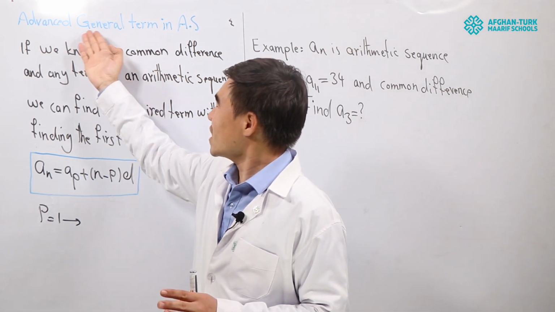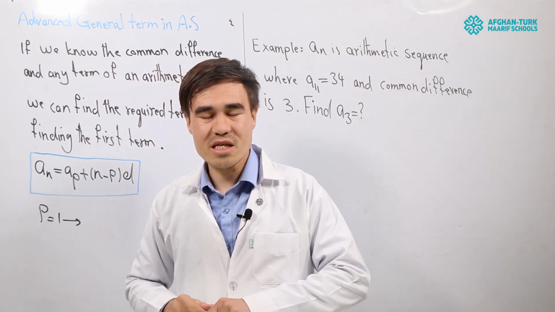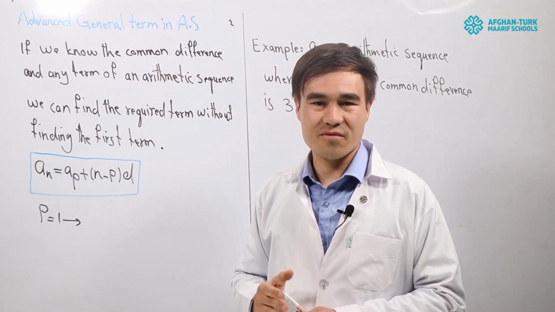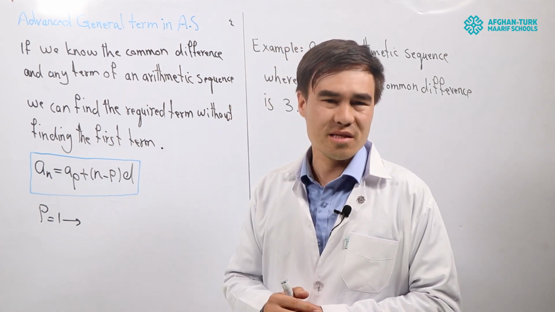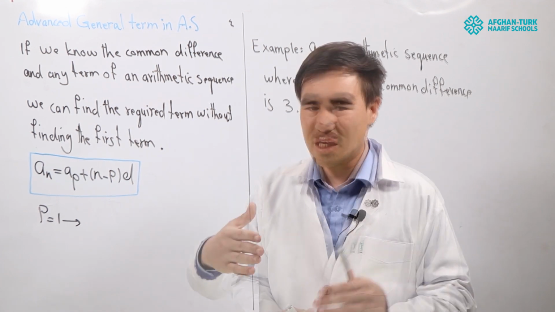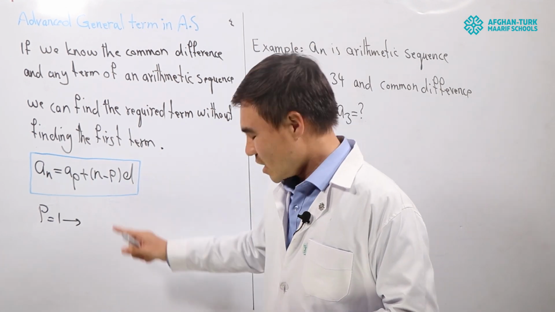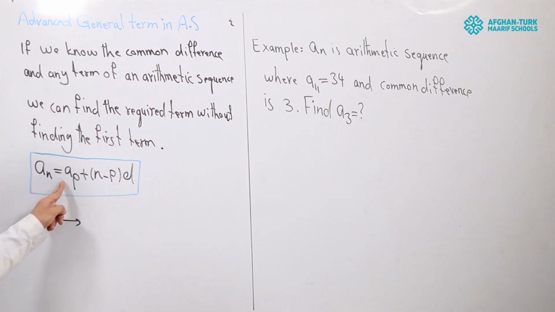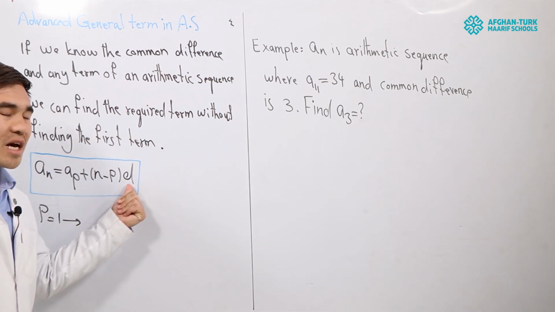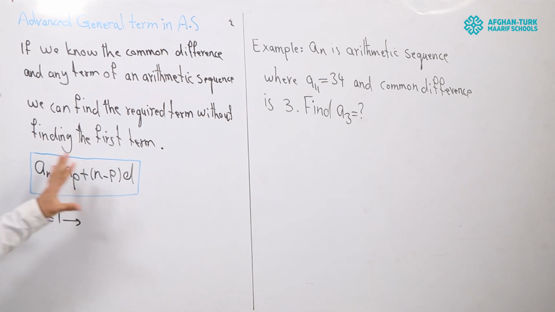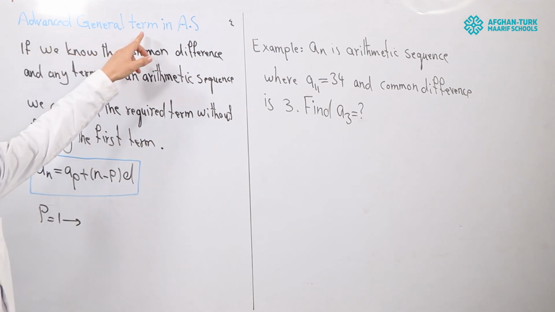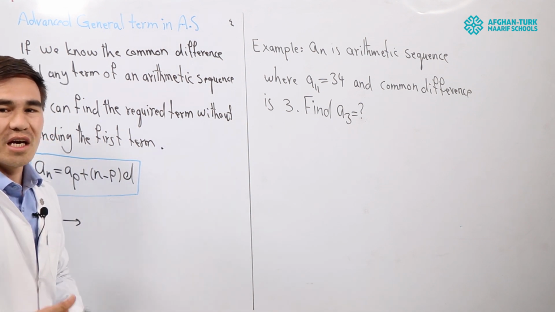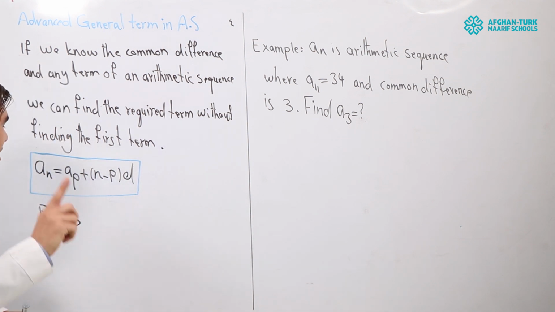With the advanced general term in arithmetic sequences, we have no necessity of finding the first term. Without finding the first term, we can find the required term in a given example. If we have a_n = a_p + (n - p)d, this is the advanced general term in arithmetic sequences, the formula with which we can find any required term.